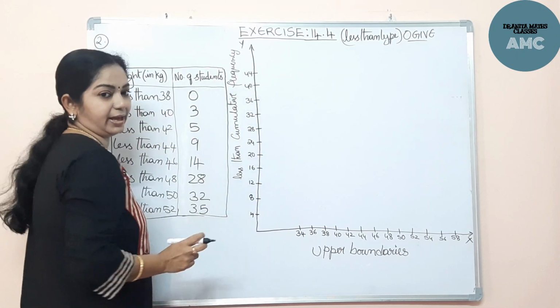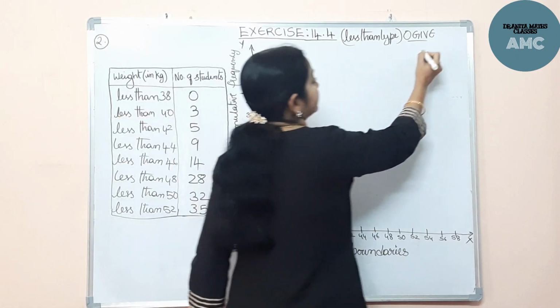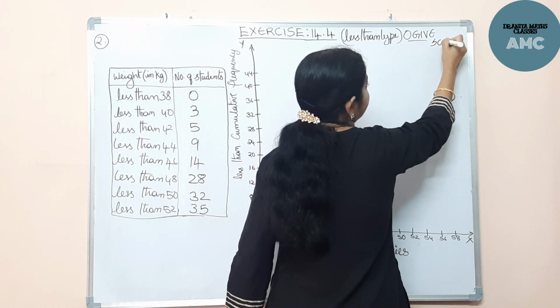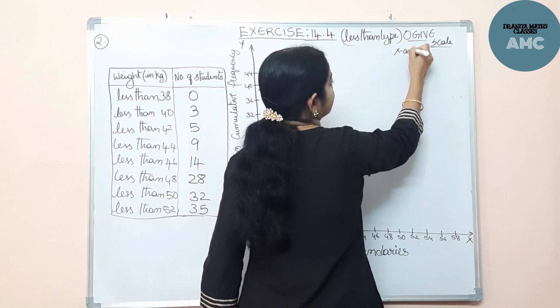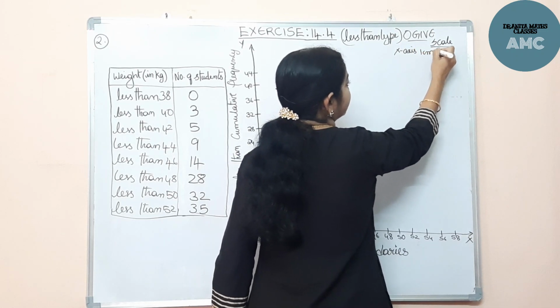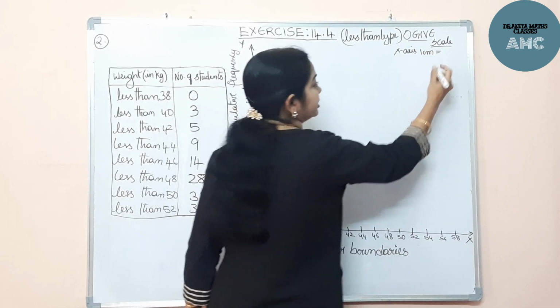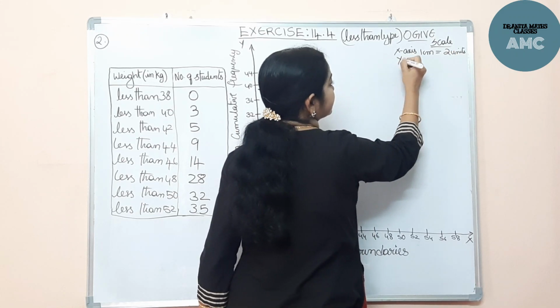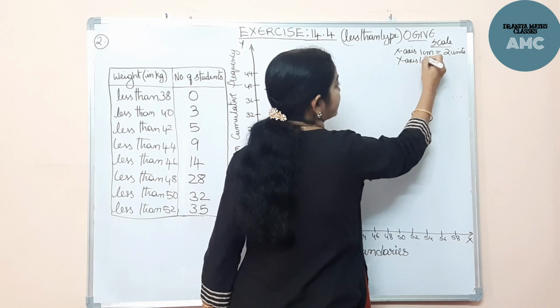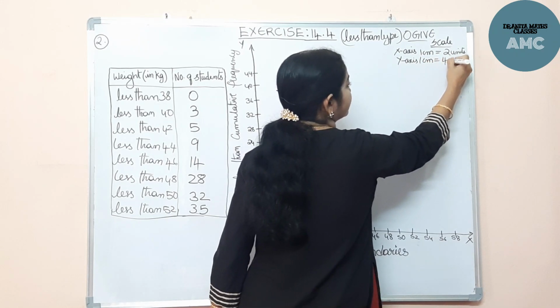We have to write the scale on the right side corner: on the x-axis 1 centimeter as 2 units, and on the y-axis 1 centimeter as 4 units.